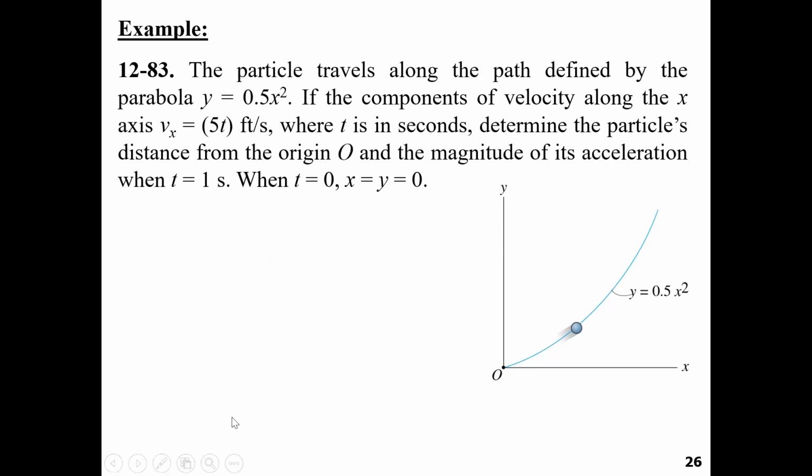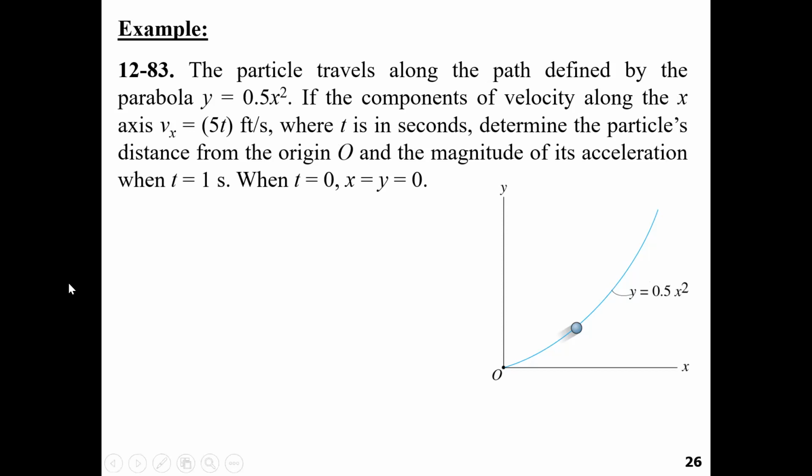As you can see here, you have an X and Y coordinate system and a curvilinear motion. And the path of motion is given as Y equals 0.5 X squared, right? It says the component of velocity along the X axis is 5t, so Vx is variable, depends on time, and is 5t.